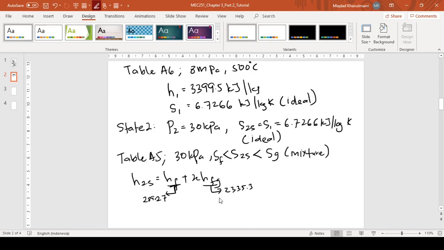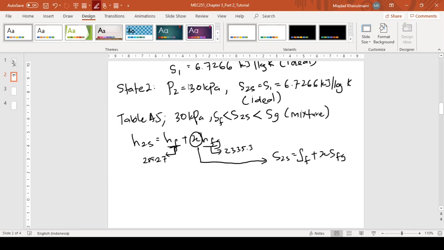We don't have x, so we have to find x first using the entropy.